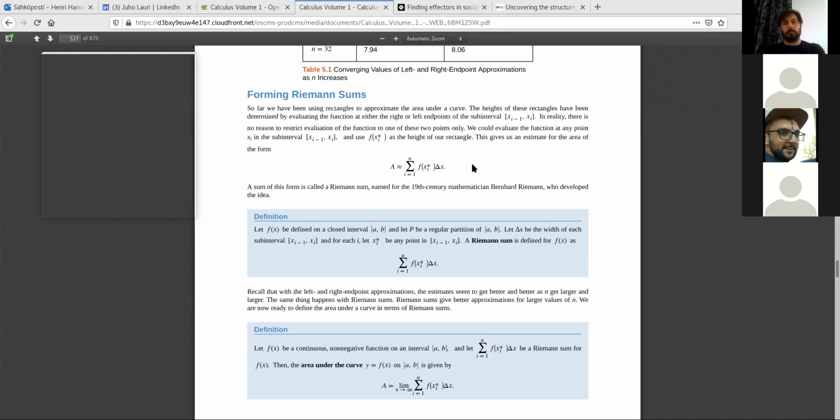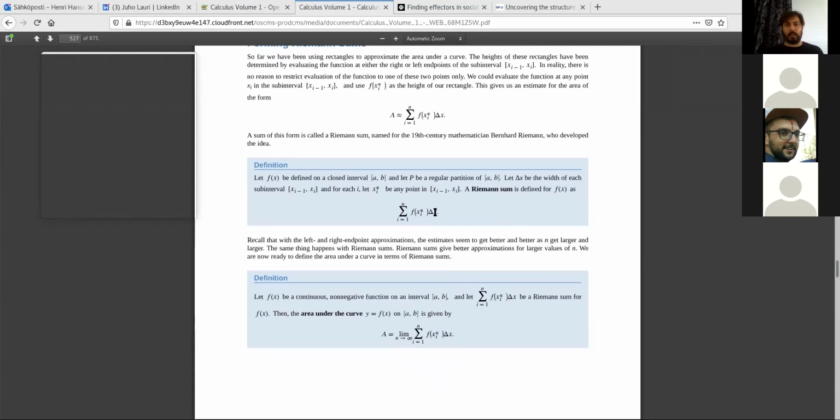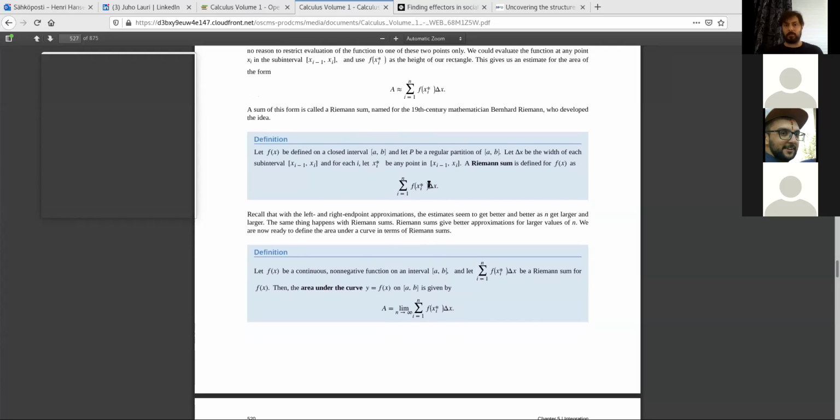So this sum, we call it the Riemann sum. The Riemann sum gives us an approximation of this area. Given that this delta x depends on n, remember this xi star is some number somewhere in that region.